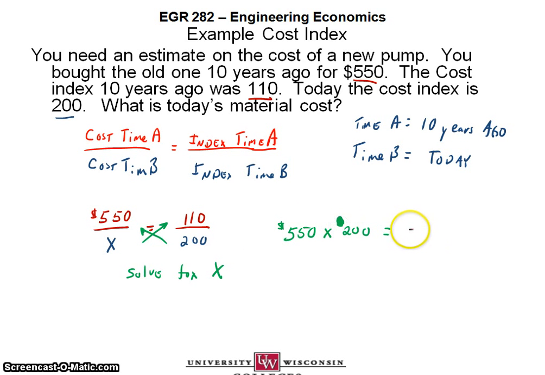That's just 200, the cost index, and then we have 110 times x. And x equals $550 times 200, our cost index, divided by 110, which is our cost index. And if you work that out, this will be units of dollars, about 1,000.